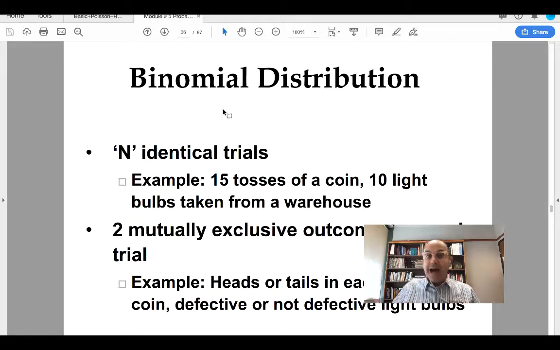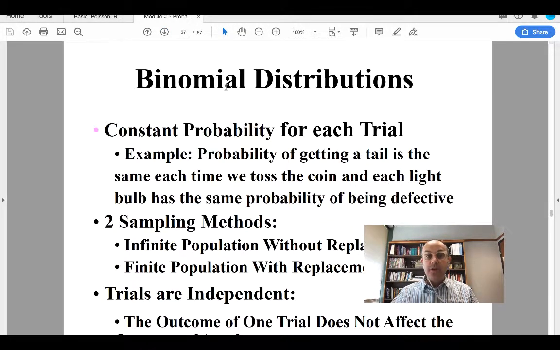So those are the things that we are looking at in binomial distribution. We also have a constant probability for each trial. For example, the probability of getting heads is the same each time we toss a coin, and each light bulb has the same probability of being defective.